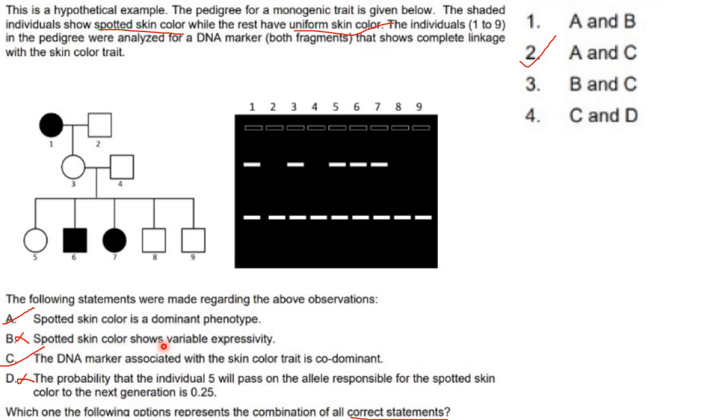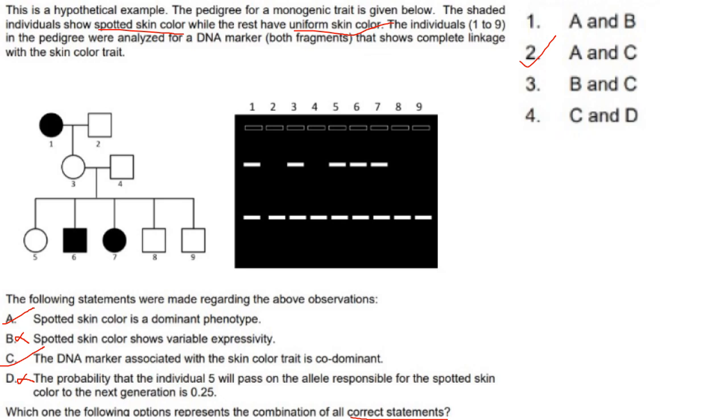Then, spotted skin color shows variable expressivity. That is not correct. It is incomplete penetrance that is shown. So B is not correct. The DNA marker associated with the skin color trait is codominant. Because you can see both the normal and the defective bands, it is a codominant marker and C is also correct.